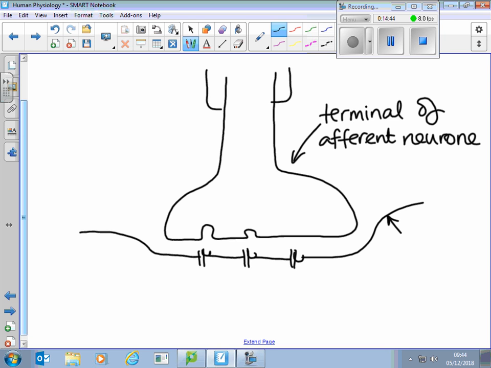You can refer to these as presynaptic membranes and postsynaptic membranes. That's quite useful. But for the time being, I'm just going to put this as the efferent, it's the whole thing, not just the surface. So this is our efferent neuron. I'll put membrane.